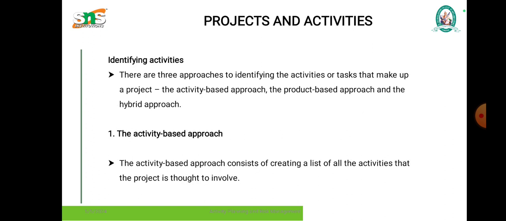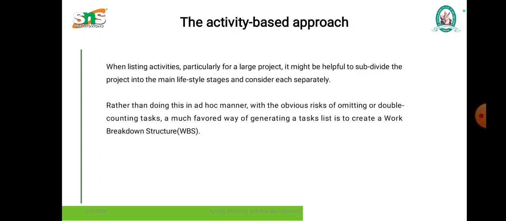And the next one is identifying the activities. There are three approaches to identify the activities: the activity-based approach, the product-based approach, and the hybrid approach. Let me discuss them one by one. The first one is the activity-based approach, which consists of creating a list of all the activities that the project is to involve.